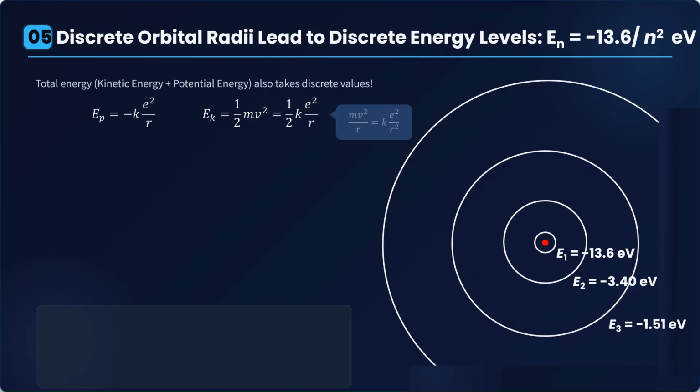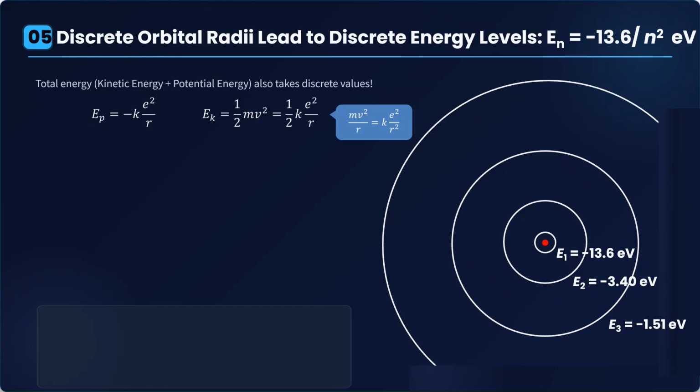The centripetal force equation tells us that mv squared divided by r equals ke squared divided by r squared. So, multiplying both sides by 1/2 r, we get the kinetic energy. This means that the kinetic energy can be rewritten as 1/2 ke squared divided by r.